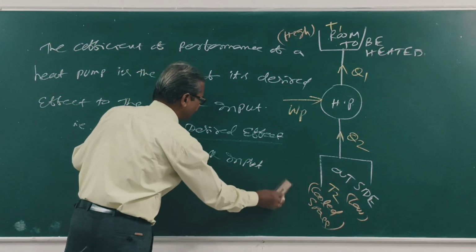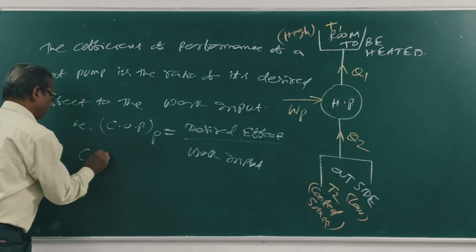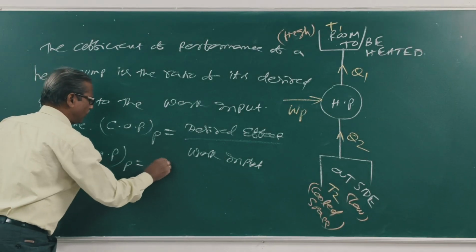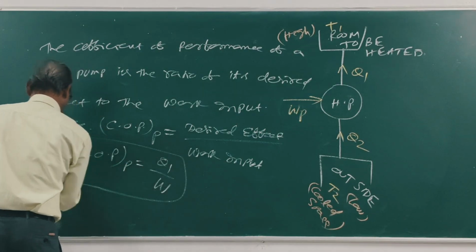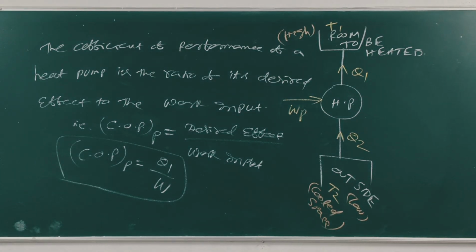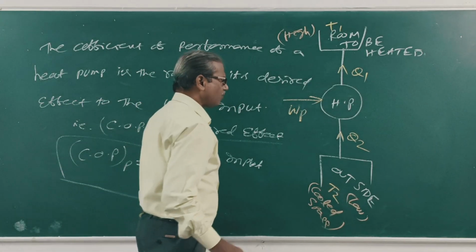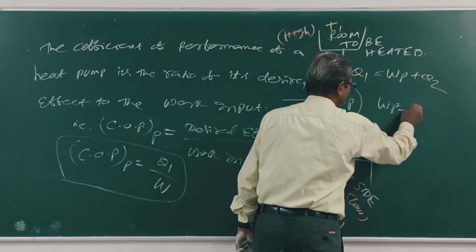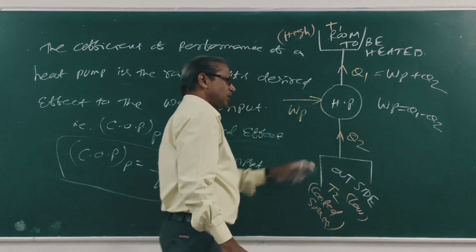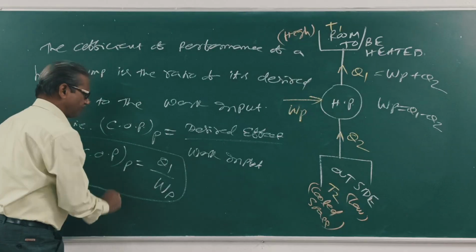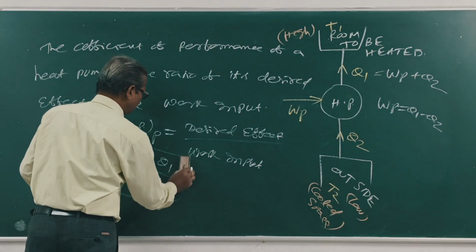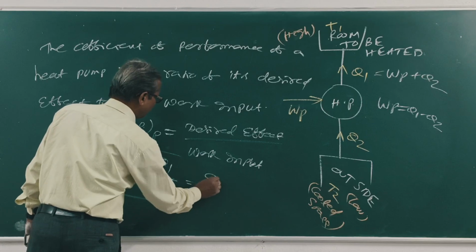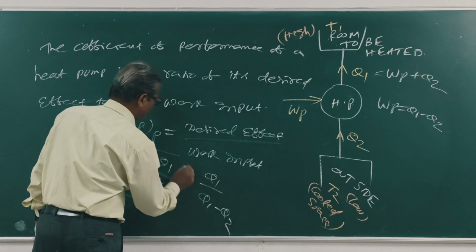That is, COP of heat pump is equal to Q1 by W. So what is W equal to? Q1 is equal to WP plus Q2. So WP is equal to Q1 minus Q2. Right? So COP of heat pump is equal to Q1 by Q1 minus Q2.